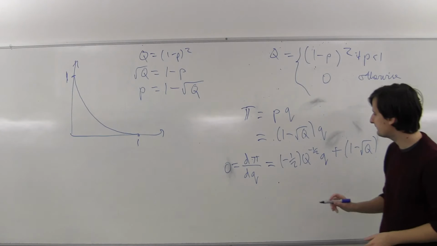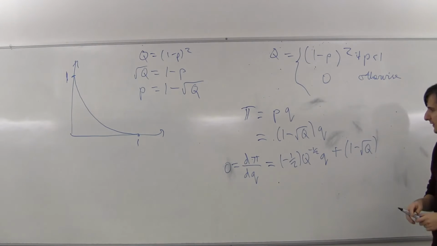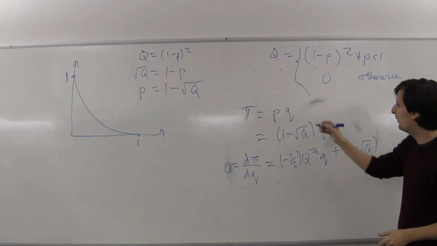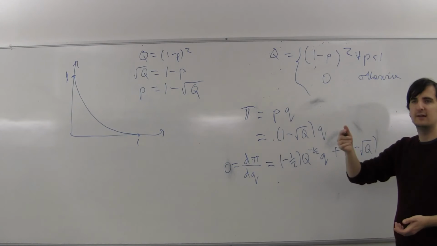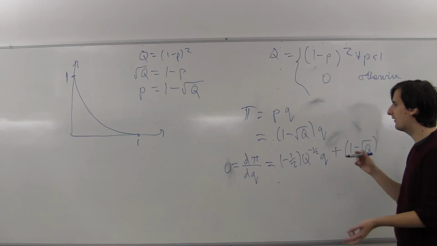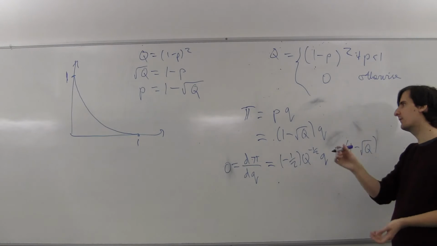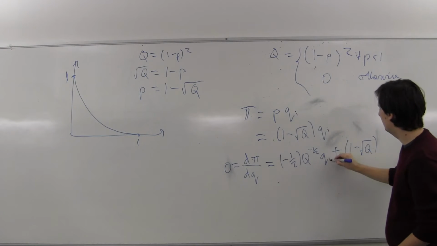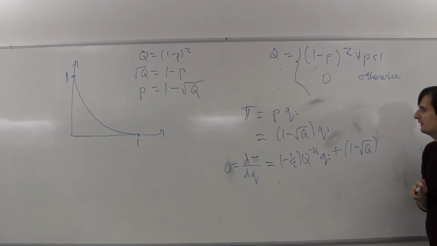So here's our first order condition for one firm. This is for one particular firm i. To find the aggregate, we always do this trick of adding up across firms. Strictly, there should be little q i. Let's be a bit more formal.